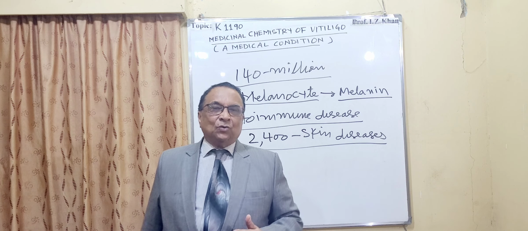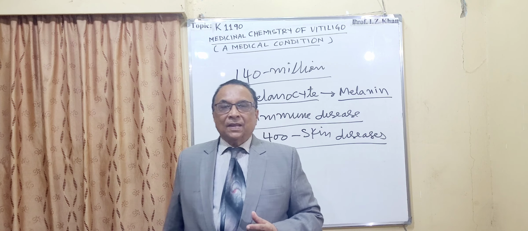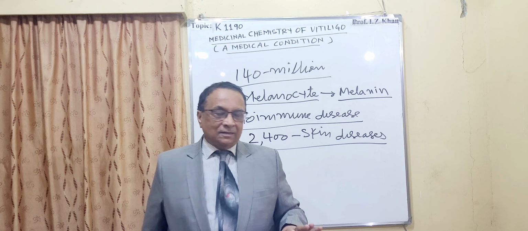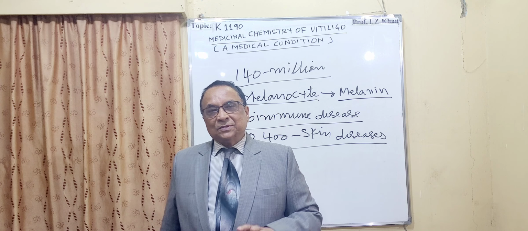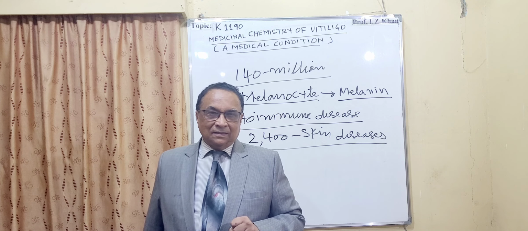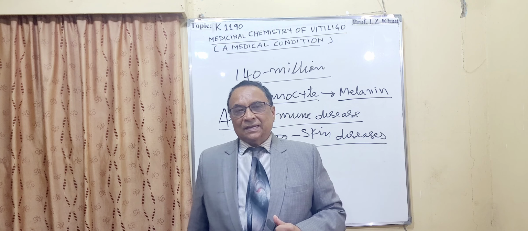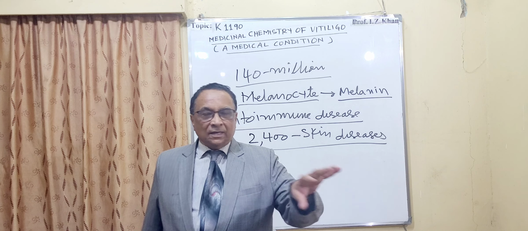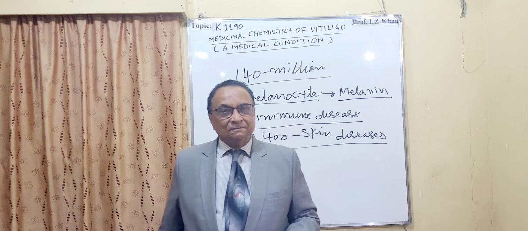So I will be showing you all those different types of vitiligo. And here, let me make it very clear. I'm sorry to mention that in India, in Indian society, if anybody has this skin disorder, pigmentation, first, all the people, even relatives and family members, will look down on them socially.